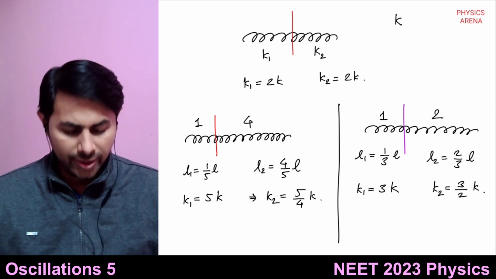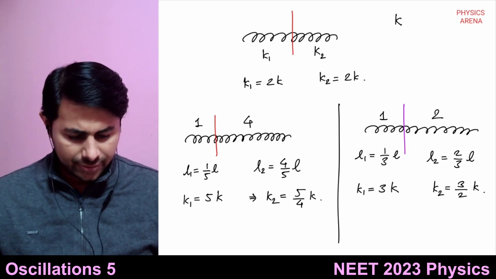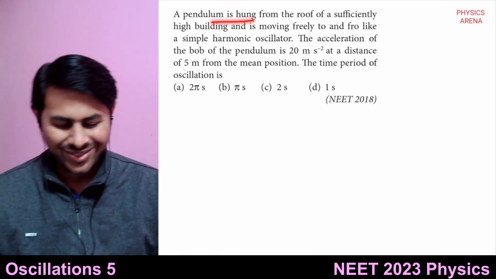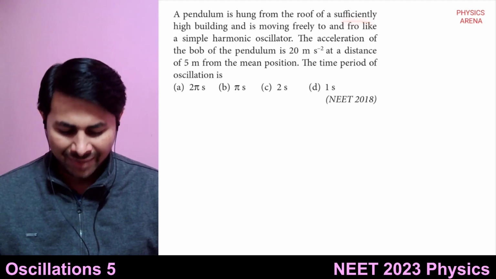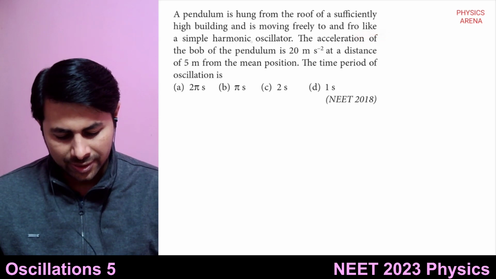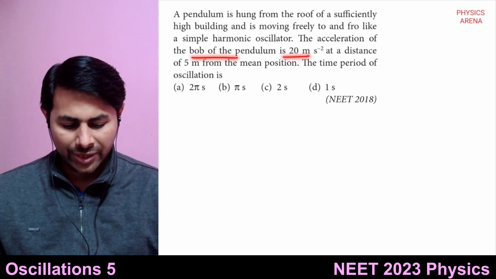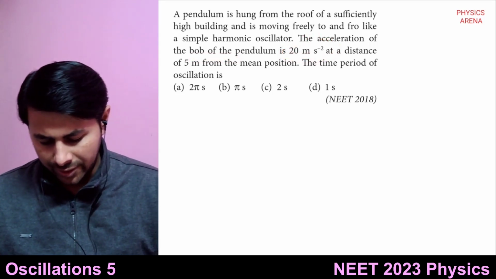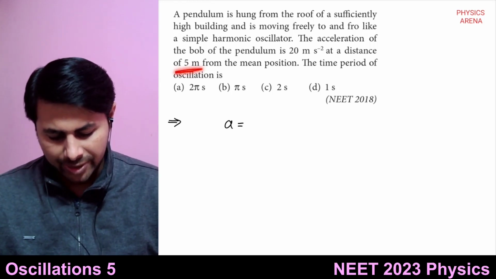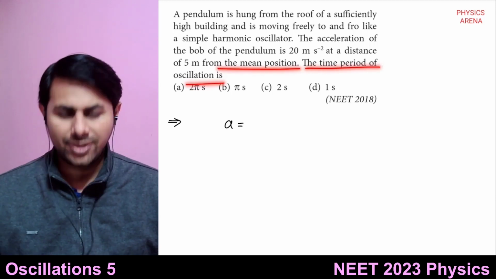So now let us solve some problems based upon what we discussed yesterday at the end. A pendulum is hung from the roof of a sufficiently high building and is moving freely to and fro like a simple harmonic oscillator. The acceleration of the bob of the pendulum is 20 meters per second squared at a distance of 5 meters from the mean position. The time period of oscillations is?